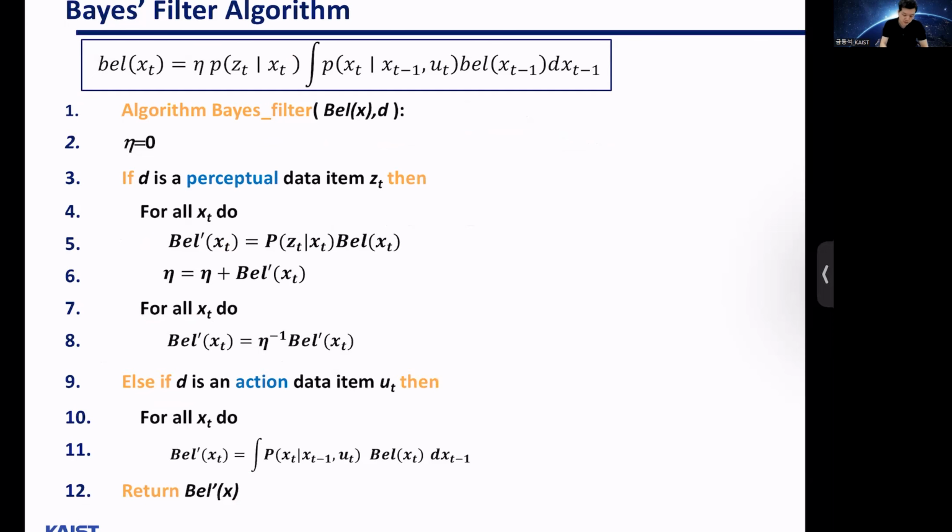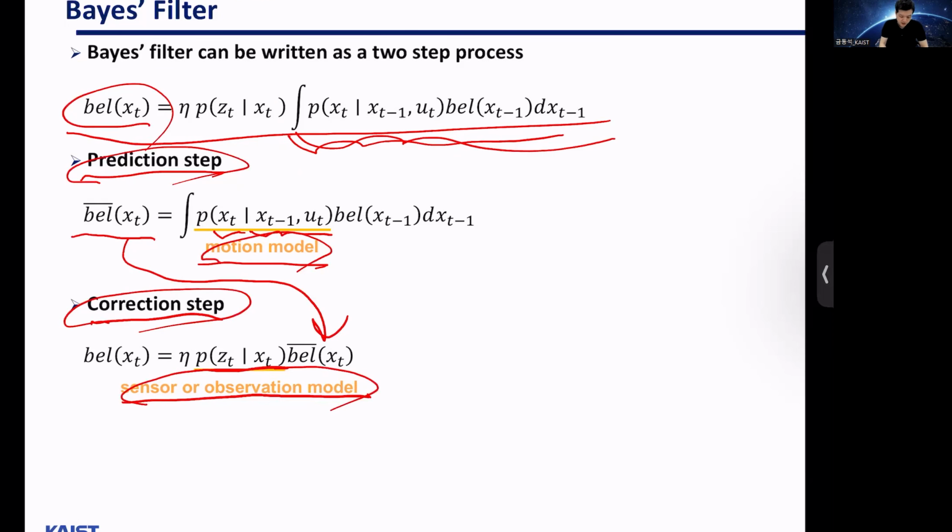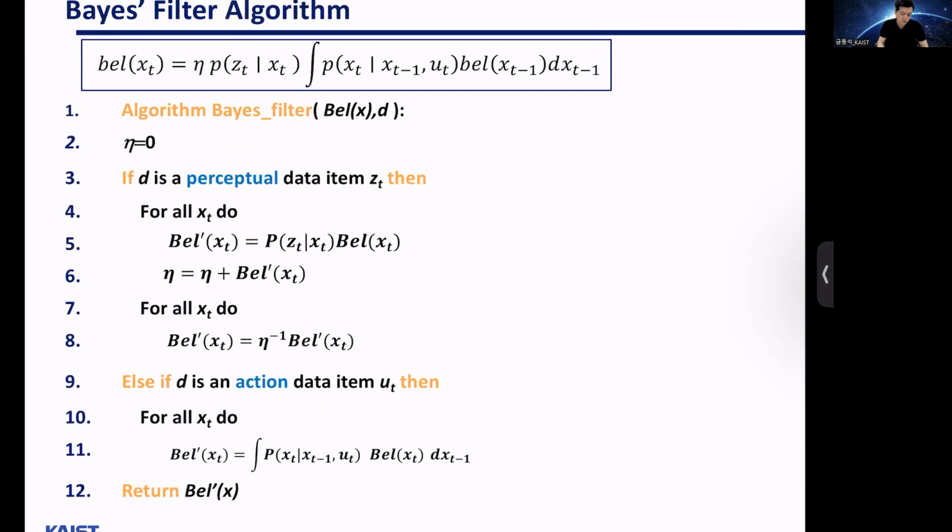So that was the derivation of the Bayes filter, and then we looked into some of the physical meanings of each term in the equation, and this is how the Bayes filter algorithm can be coded. This is a pseudocode.